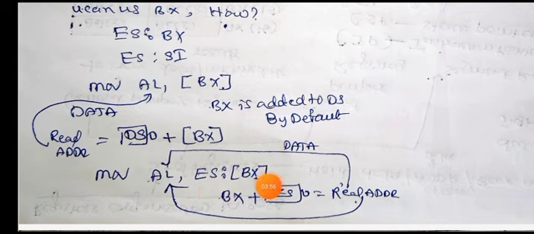Automatically, the register having the offset address is added to the extra segment. If you write SS, it is added to the stack segment. You can put any name you like. Put the name of the segment and a colon. In this way you can override the segment. This is how you can do segment overriding.